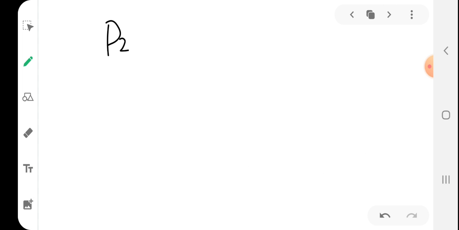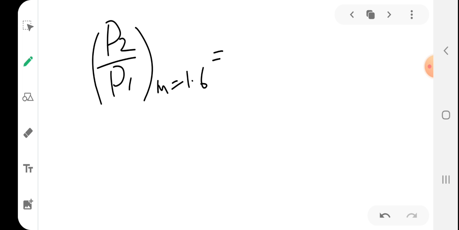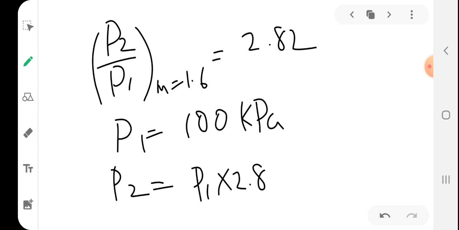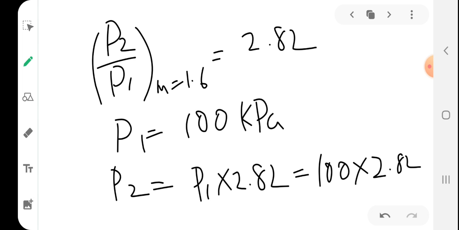So P2 by P1 at Mach number 1.6 is 2.82, and P1 is 100 kilopascal, given in the question. So P2 is P1 into 2.82, that is 100 into 2.82, which means 282 kilopascal. That is the downstream static pressure.